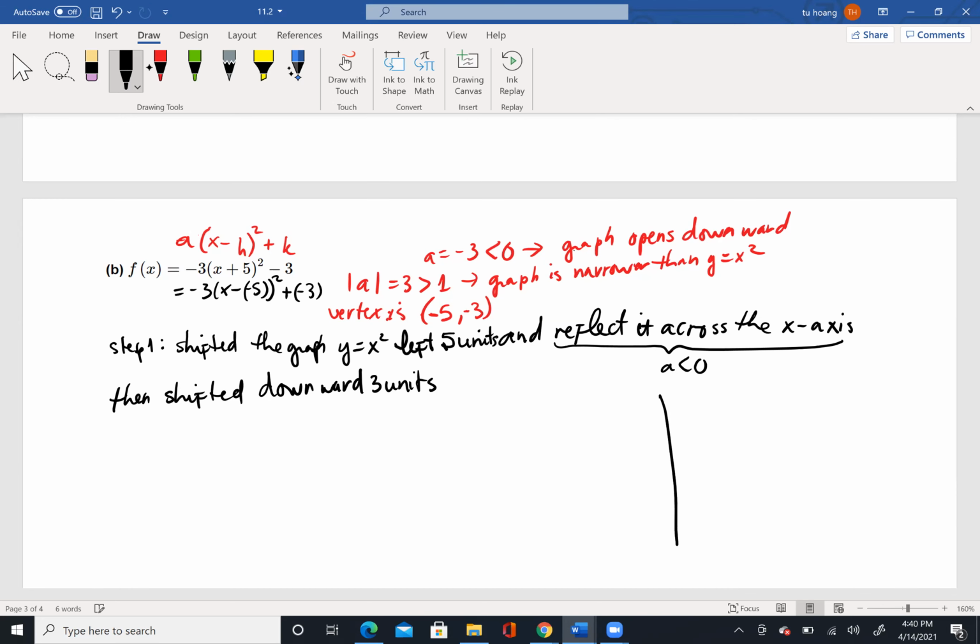So you have the original one like this, y equals x squared, right? I'm going to shift left 5 units: 1, 2, 3, 4, 5. So here's -5. And reflect it.